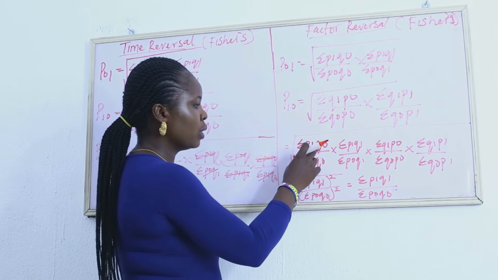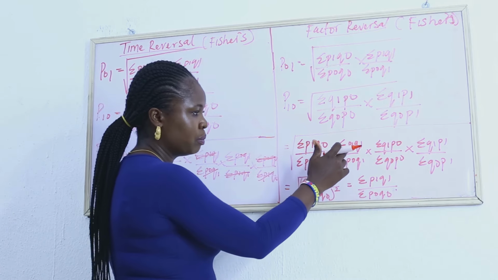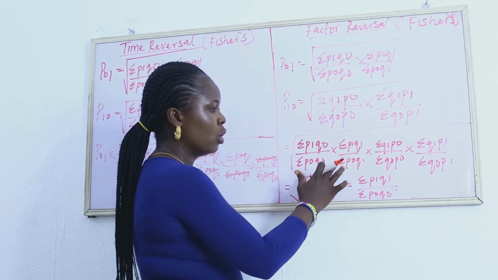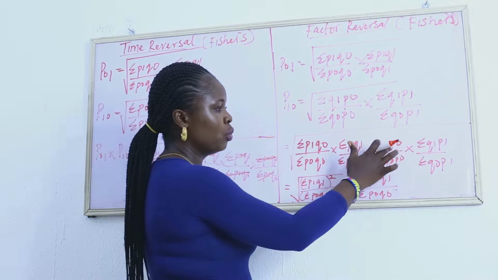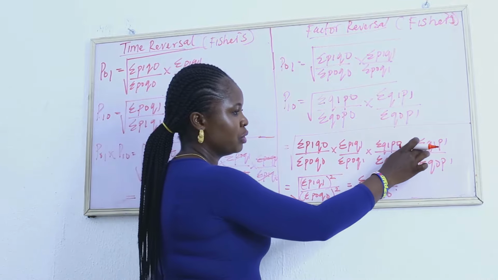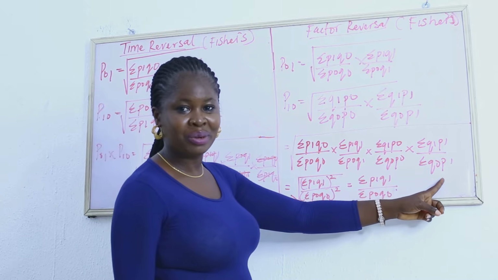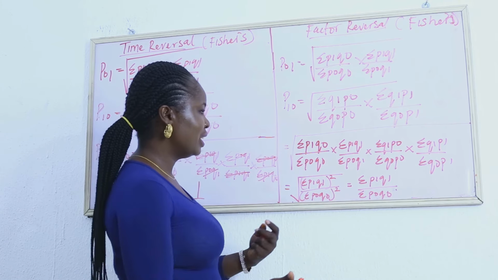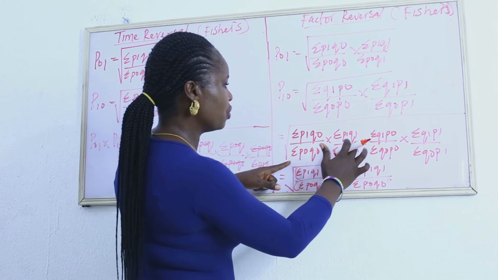So summation of P1 Q0 all over summation of P0 Q0, multiplied by summation of P1 Q1 all over summation of P0 Q1, times summation of Q1 P0 all over summation of Q0 P0, multiplied by summation of Q1 P1 all over summation of Q0 P1. We want to see what cancels. This is P0 Q0.